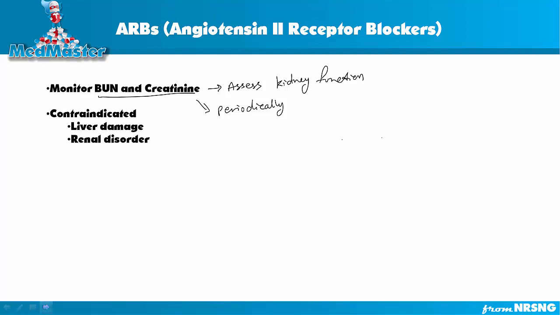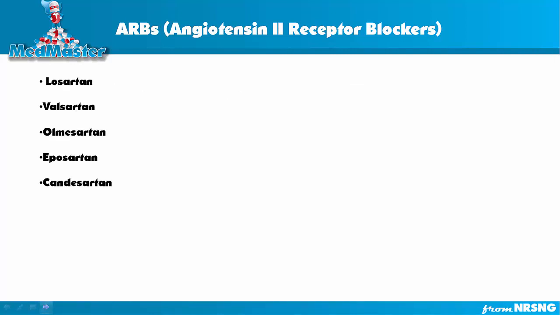Now, how do you find out which drug is an ARB? Let's go over some examples. Losartan, valsartan. If you see these medications, at the very end, all the drugs end with sartan.